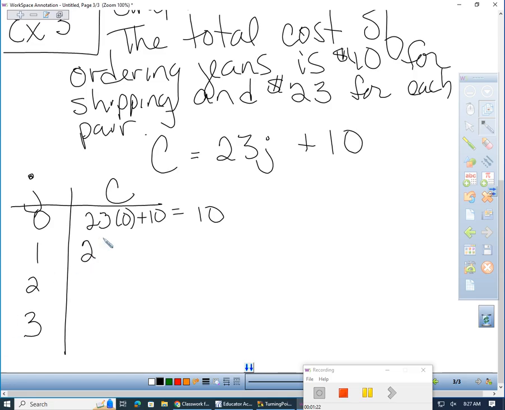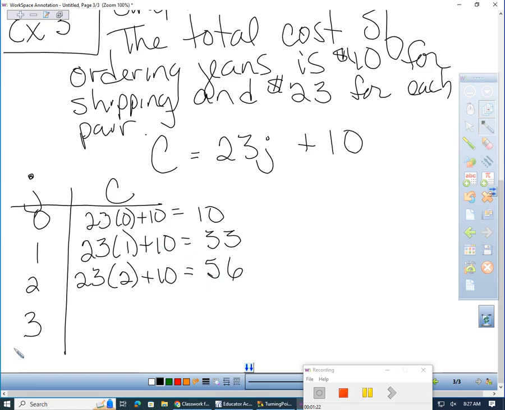Next one, 23 times 1 plus 10 is 33. 23 times 2 plus 10. 23 times 2 is 46, plus 10 is 56. 23 times 3 plus 10. 23 times 3 is 69, plus 10 is 79.